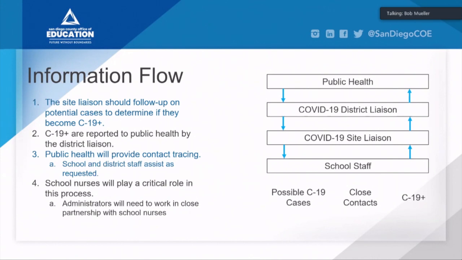Frontline people like attendance clerks or teachers or instructional aides may be the first people to hear about possible COVID-19 cases or close contacts or people who have been identified as having COVID-19. School staff would report that to the COVID-19 liaison. That information would then go up to the district liaison, and the district liaison would handle communication with public health. If you're not in a district, the site liaison may be the person that has that contact with public health.